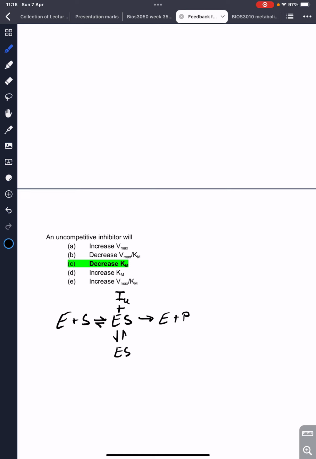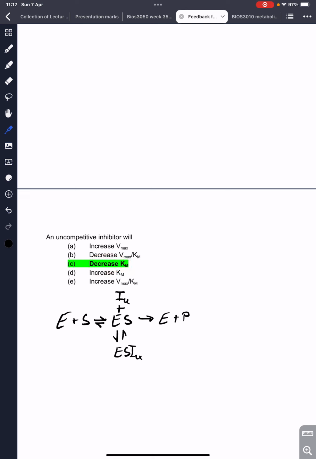We have an enzyme substrate inhibitor complex. Now if we remove this enzyme substrate by binding to the uncompetitive inhibitor, we basically shift the equilibrium to that side, and that manifests itself in a decrease of Km.